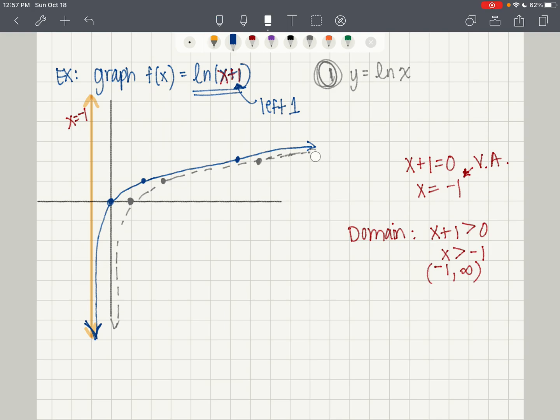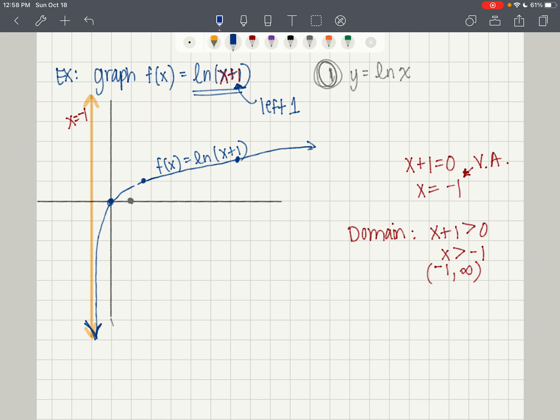Now, once you make that blue line, you can come back here and erase out your original graph, and voila, you've got your graph of f of x, which is equal to the natural log of x plus 1.